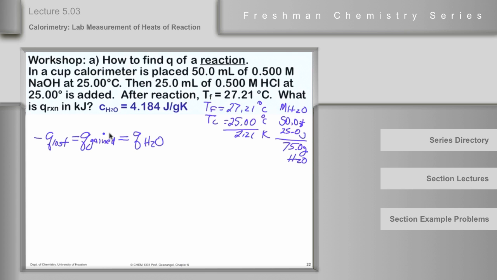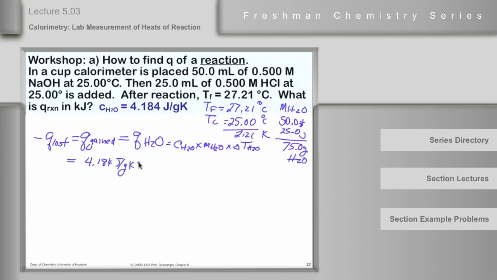Okay, so that C of the water is 4.184 joules per gram Kelvin, times the mass of the water is 75 grams, times delta T is 2.21 kelvins.